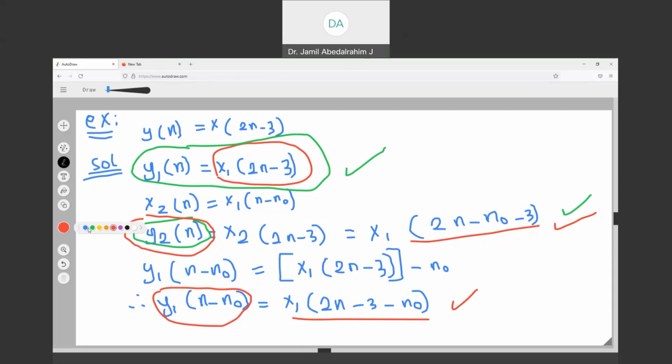So now we can conclude y2 of n equals y1 of n minus n naught. Therefore, the system is time invariant.